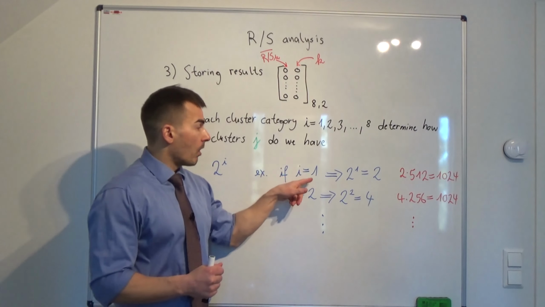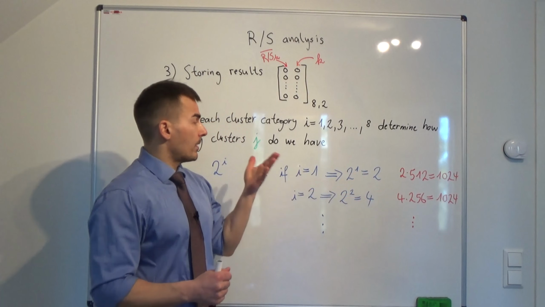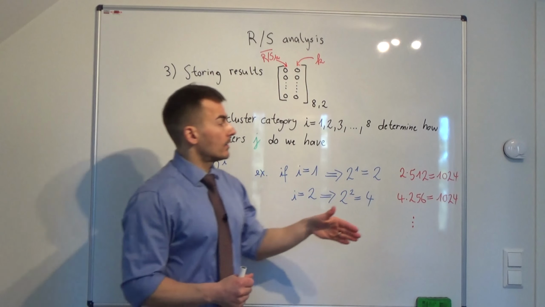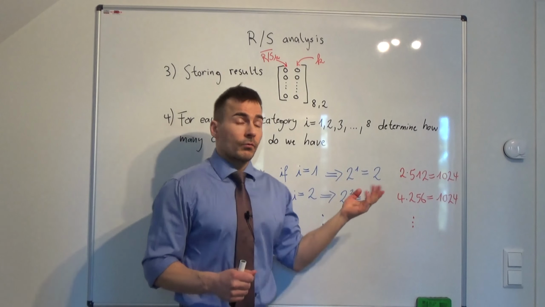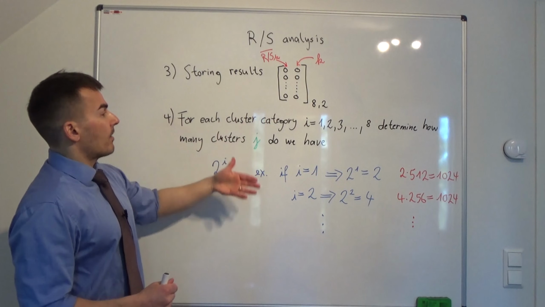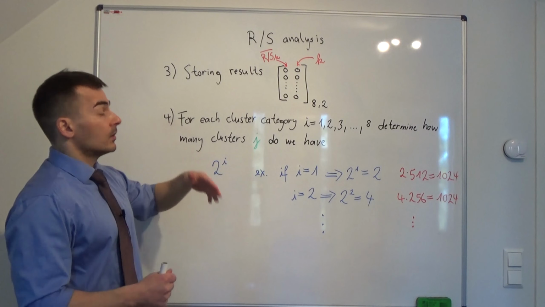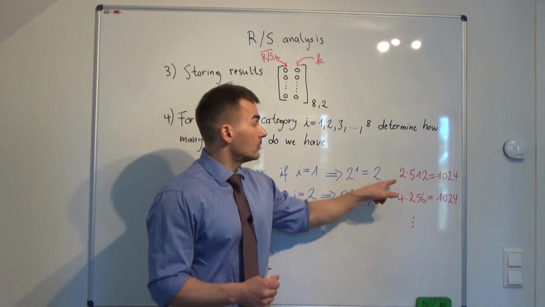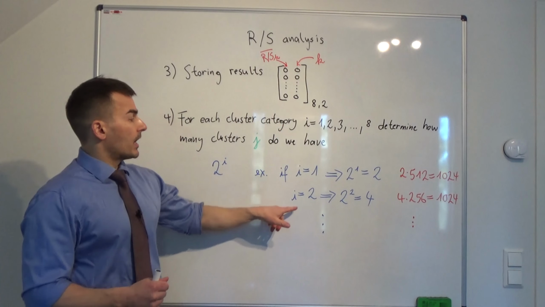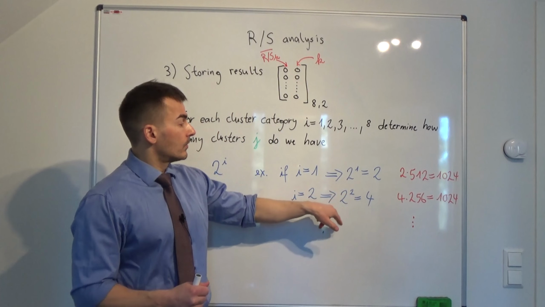For instance, if I is 1, 2 to the power of 1 is simply 2. And now remember, we have to end up in each of these iterations with the final sample size, which is 1024. So for instance, if we have the cluster size 512, J is 2 clusters, and 2 times 512 must be equal to 1024. In the next iteration, if I is 2, how many clusters do we have? 4, because 2 to the power of 2 is 4.